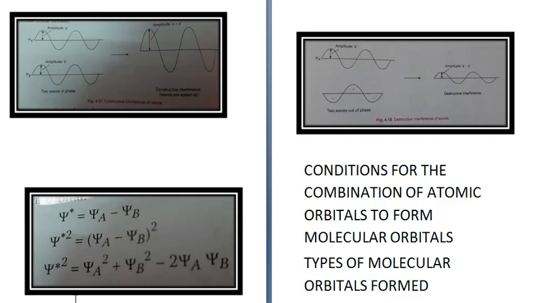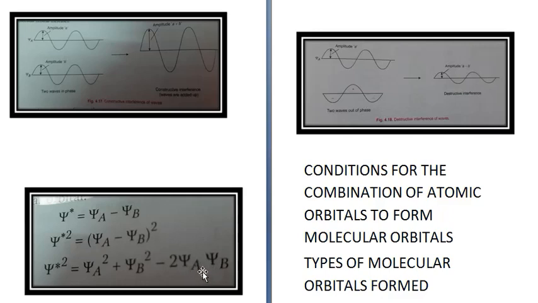So this becomes wave function of A square plus wave function of B square minus 2 wave function A wave function B. Alright, so the wave function square is less than wave function of A square plus wave function of B square by how much? 2 wave function A wave function B. This shows that the probability of finding electrons in the anti-bonding molecular orbital is less than in wave function A or wave function B.